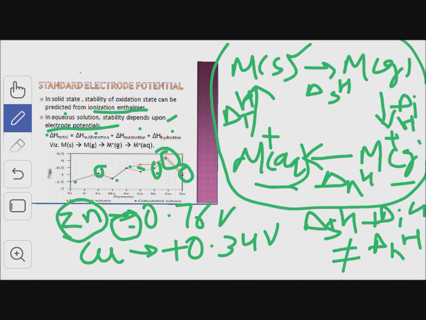It means the value of sublimation plus ionization is more than the hydration enthalpy. That's why its electrode potential becomes a positive value.